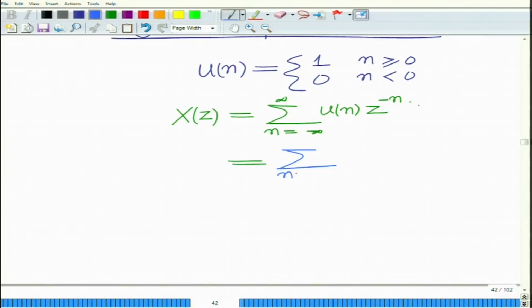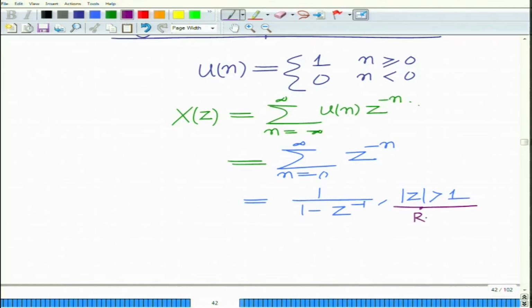Since the unit step is non-zero only for n greater than or equal to 0, this is summation n equals 0 to infinity z^(-n), which is 1 over 1 minus z inverse. You could have obtained this by setting a equal to 1 in the earlier expression for a^n u[n], and the ROC is magnitude of z greater than magnitude of a, which is 1. So, magnitude of z has to be strictly greater than 1. This is the region of convergence.